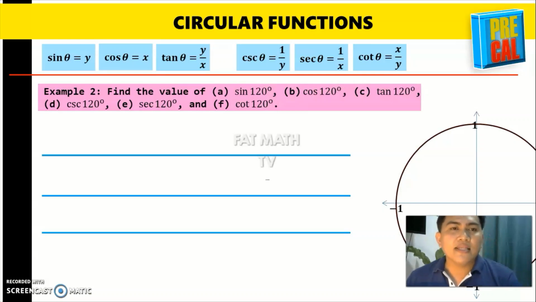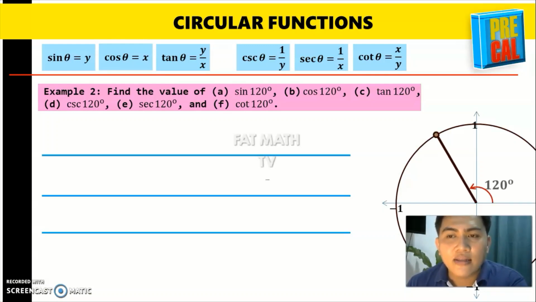Another example. This time, we will find the 6 trigonometric functions for theta equals 120 degrees. So 120 degrees is an angle whose terminal side is on the second quadrant. So what is the terminal point of that terminal side?